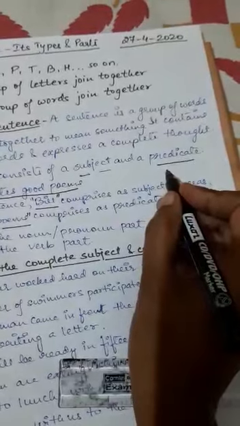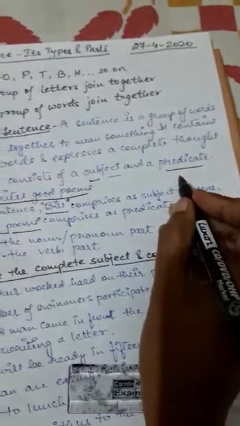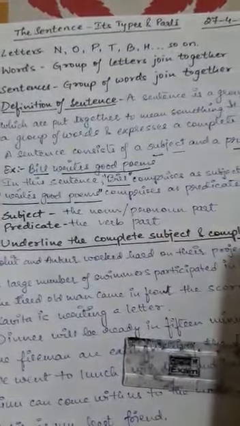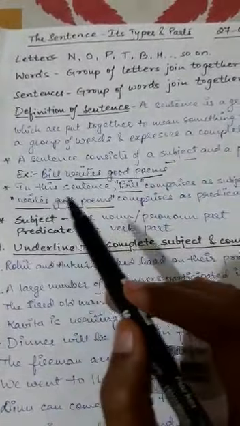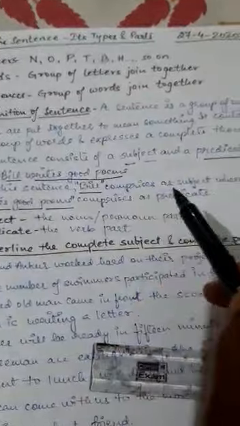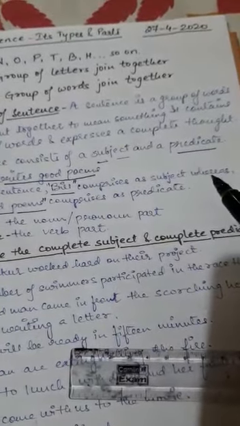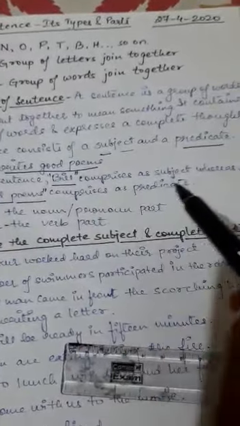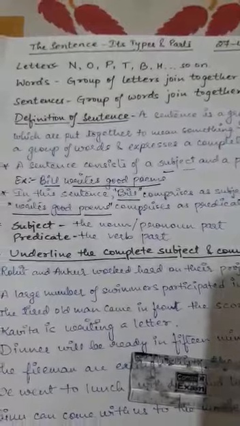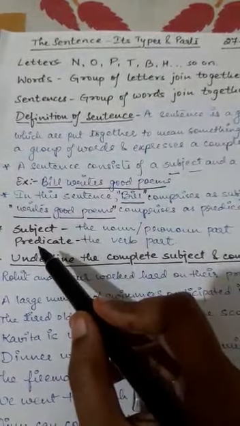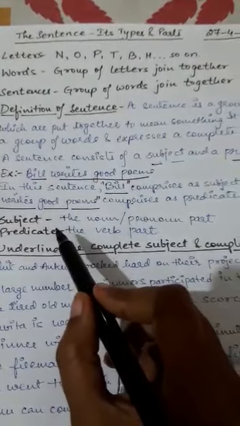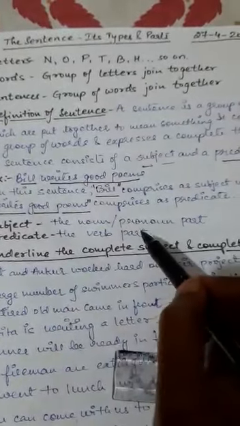In a very simple and easy way you can understand this chapter: in this sentence Bill comprises the subject, whereas writes good poems comprises the predicate. In simpler words, you have to write in your copies subject as well as predicate. What is the subject part? The noun or the pronoun.